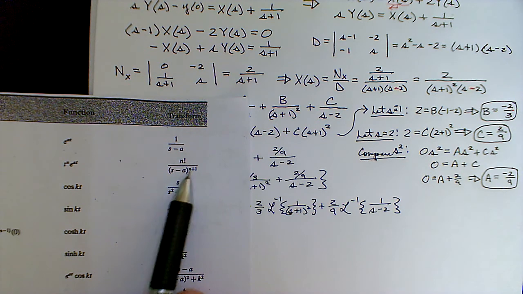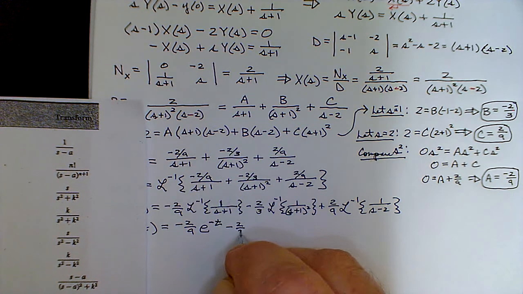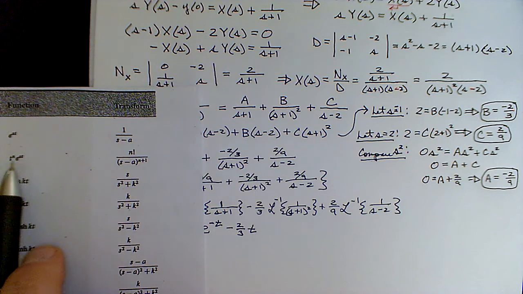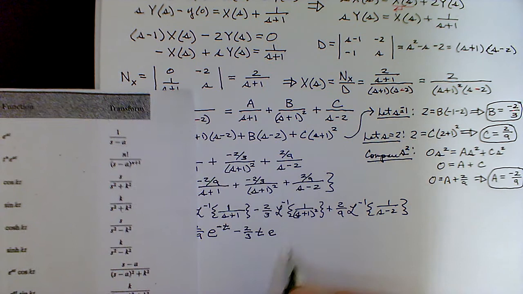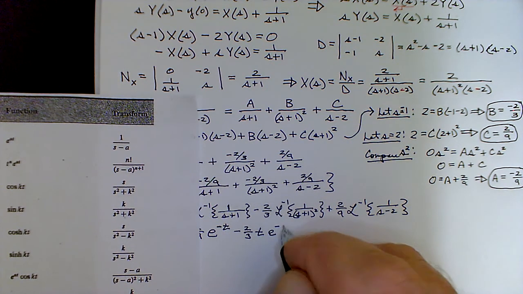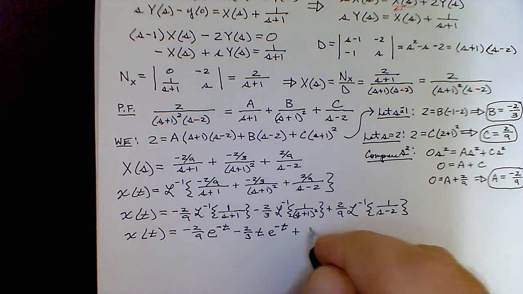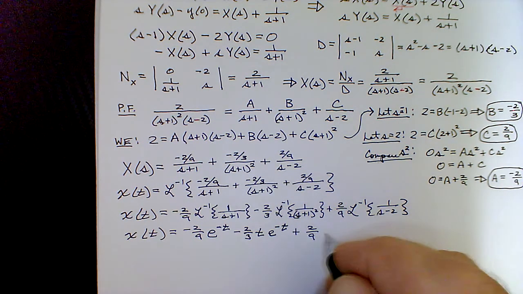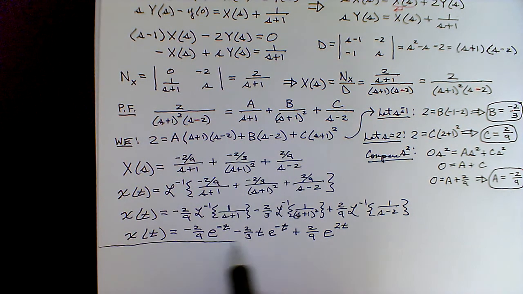So n is 1 and a is negative 1. So this would be minus 2/3 t to the first, because n is 1, and e to the a is negative 1, so e to the negative t. And then finally plus the 2/9. And here a is 2, and so that's just e to the 2t. Okay, so that's the solution for x of t.